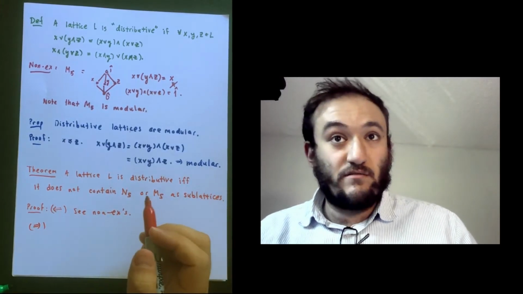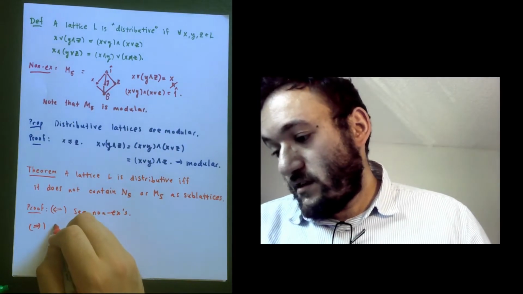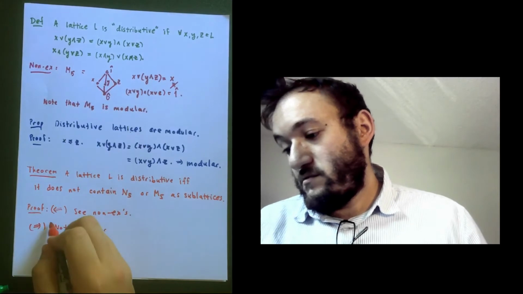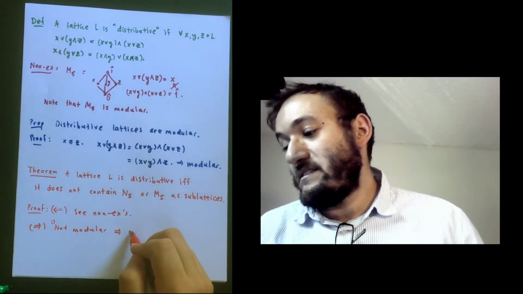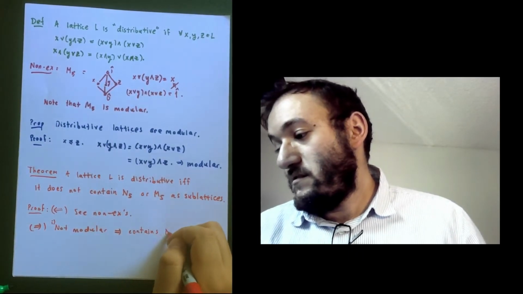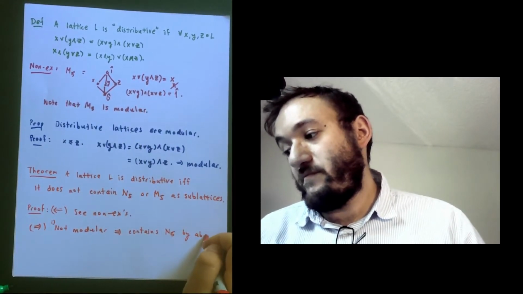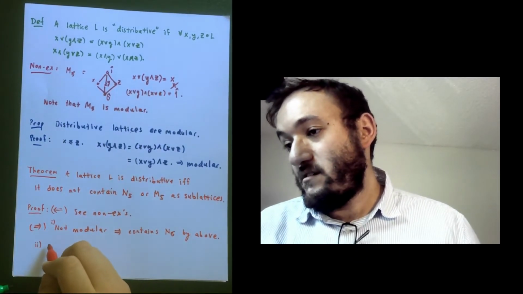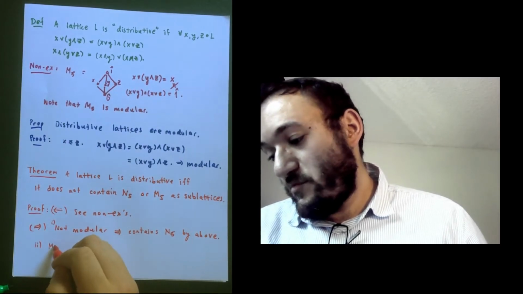Either it's not modular, so it's both not modular and not distributive. So this is case one. Then it contains N5, by the above. Case two is that it's modular but not distributive.